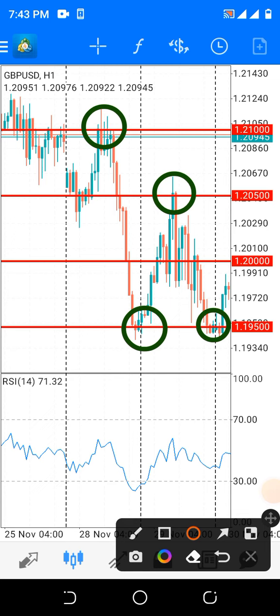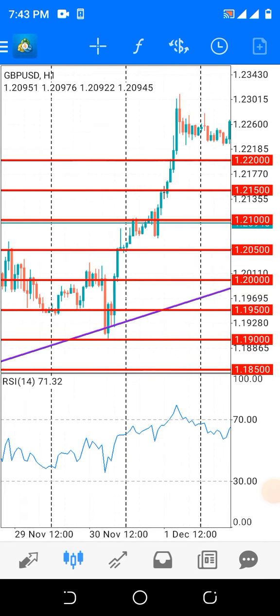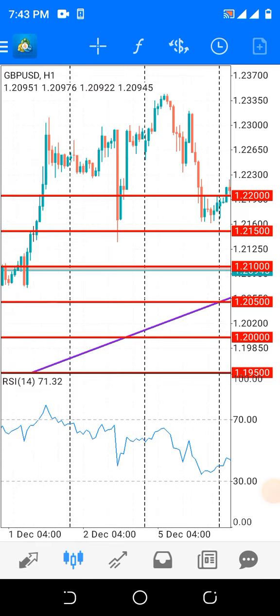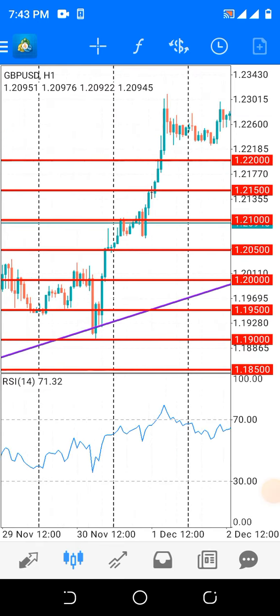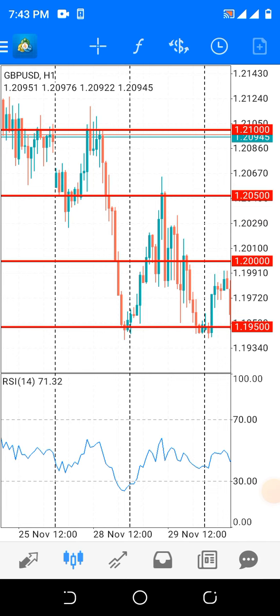So your ability to understand the psychological level of a pair, of a stock in the forex market, will give you an edge in understanding the movement of that market. Now I want to reveal to you a secret, how to use trend line with psychological level.